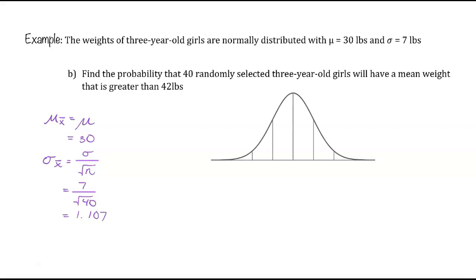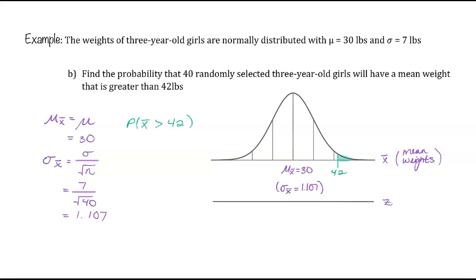So we have a standard deviation for the sample means of 1.107. This time our data values are sample means, or mean weights. Our mean is 30, and our standard deviation is 1.107. And finding the probability that the mean of a sample would be more than 42 is equivalent to finding the area to the right of 42 on our normal curve.